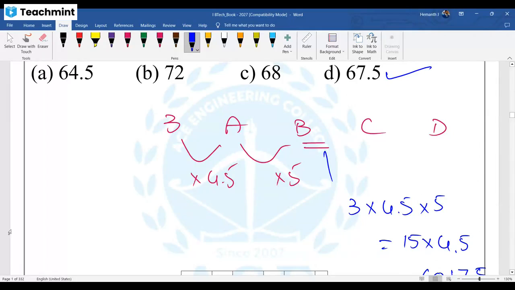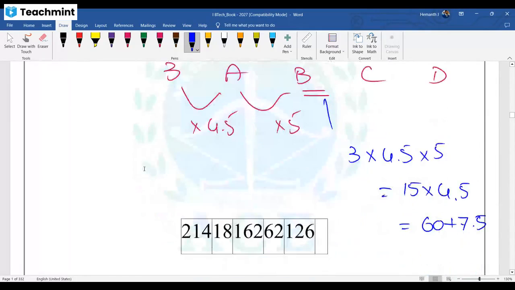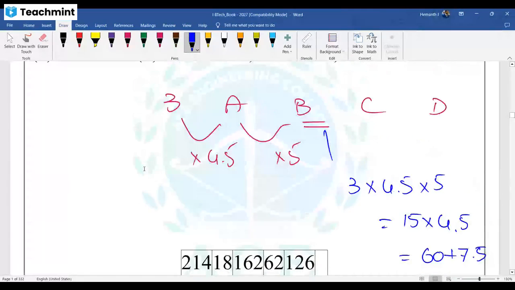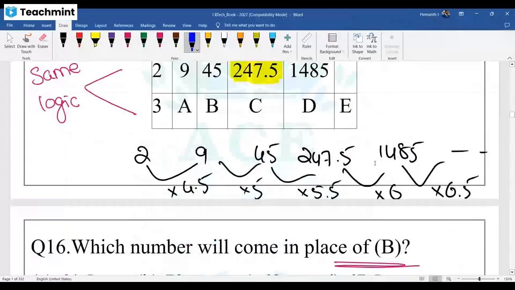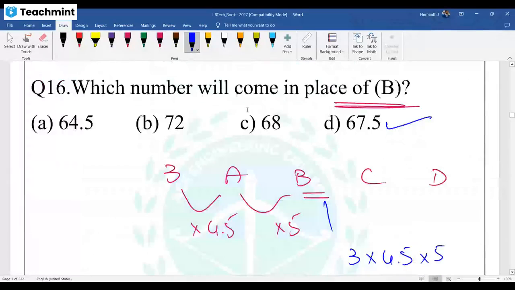Multiplied by 5.5 and so on, like that we need to extend. Agreed, but here we are already done with the question because we got the B place only. I hope you understand the format of the question.